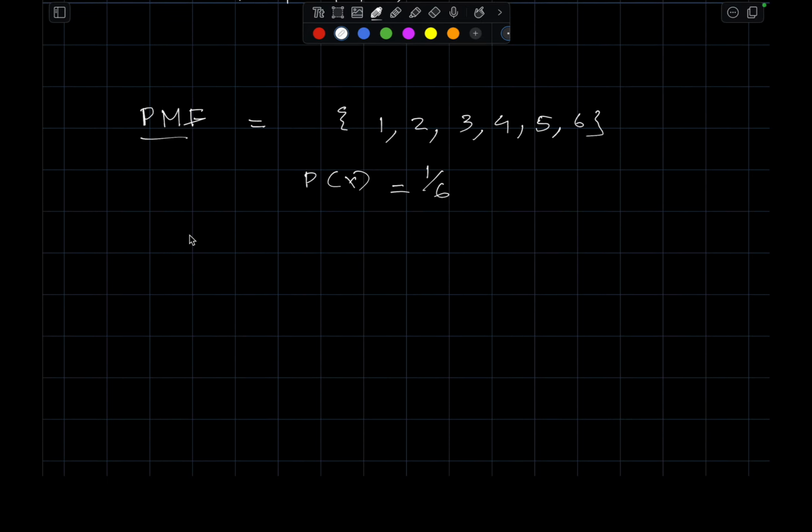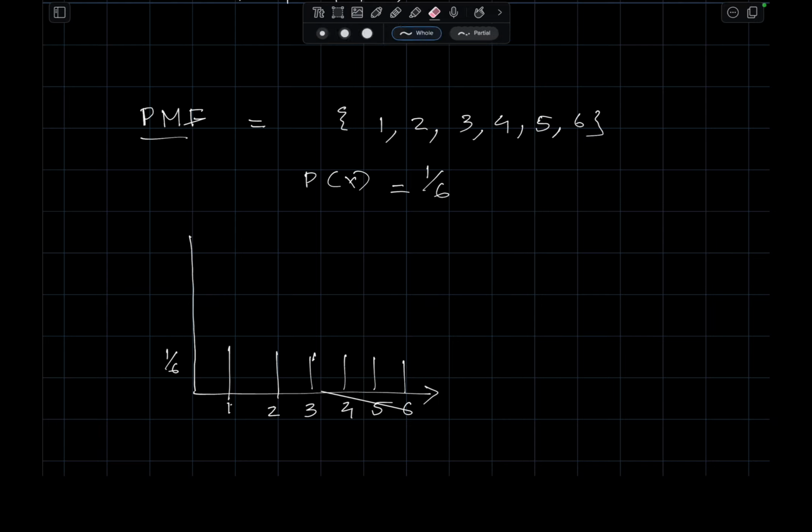And if we draw the probability mass function, it will be like 1, 2, 3, 4, 5, 6. So each case the probability will be 1 by 6.